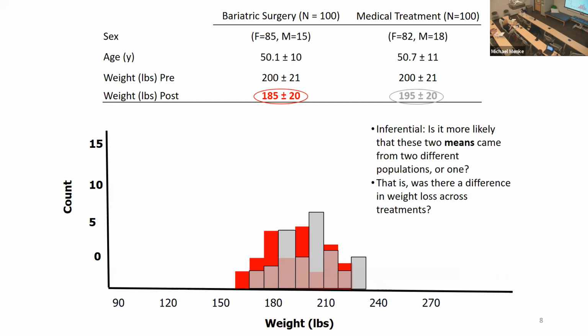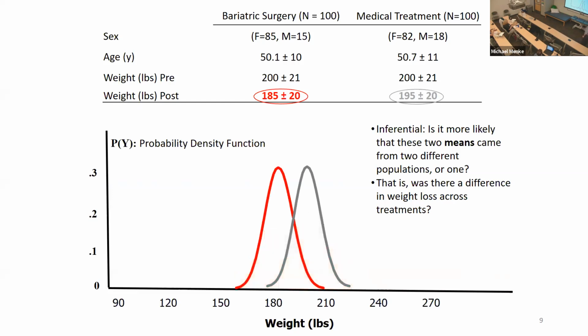It's just an observation. But what we're interested in is an inferential question. Is the difference meaningful in a population from which this sample was drawn? So then we can go to press and say that bariatric surgery results in a larger weight loss than medical treatment 6 months post-intervention. So the question we're asking is inferential. It's a probability question.